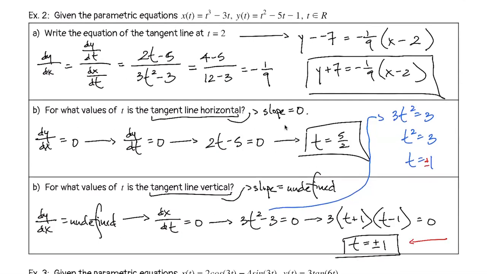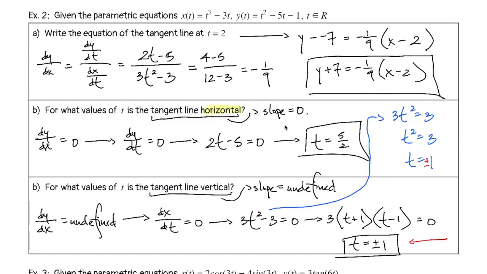But the key takeaways from this problem are that we know when the slope is 0, we have a horizontal tangent line, and that means that dy/dt equals 0. But when we have a slope that is undefined, that means that the tangent line is vertical, and we can find that location by doing dx/dt equals 0, okay?